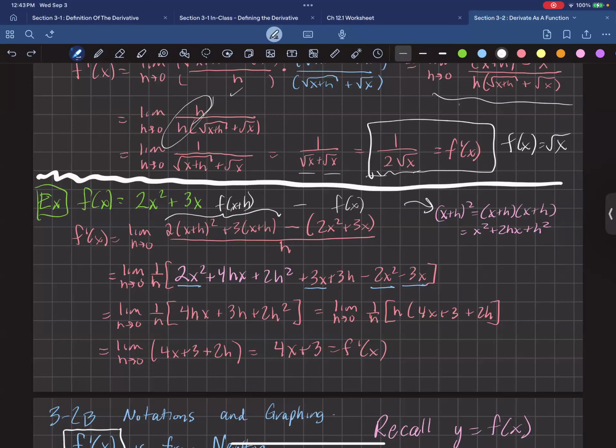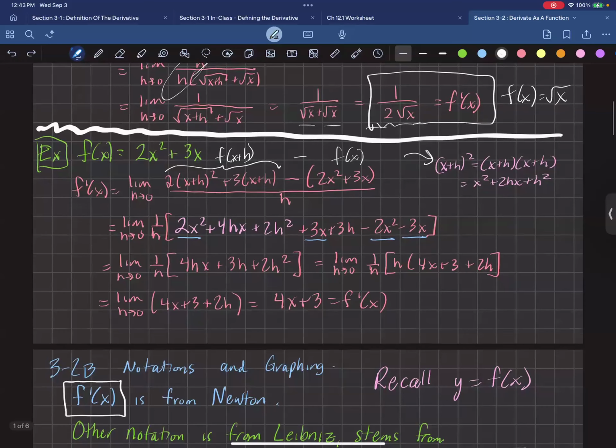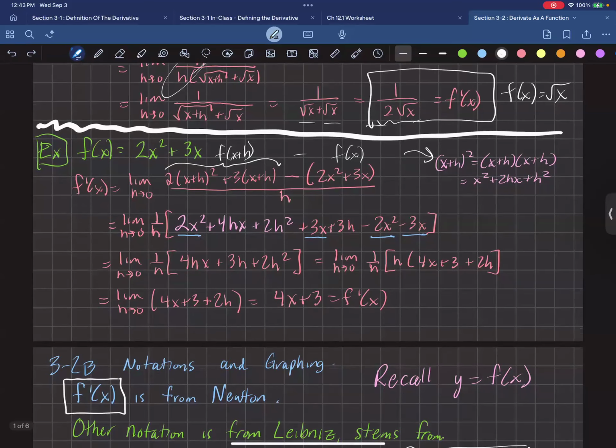You'll notice the 2x squareds cancel out, the 3x's cancel out, as they should. Everything left has a factor of h in it, which we can factor out. And when we factor it out, those cancel, and we're just left with this.